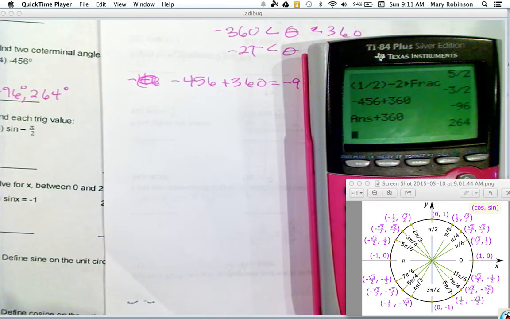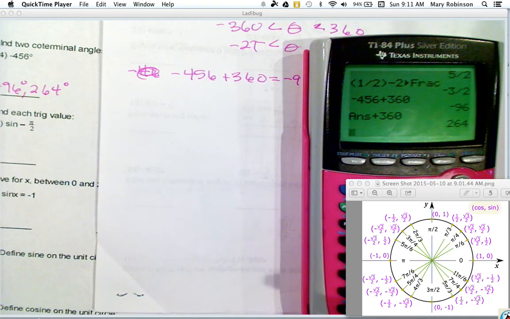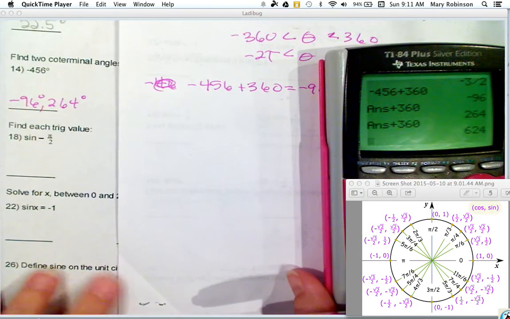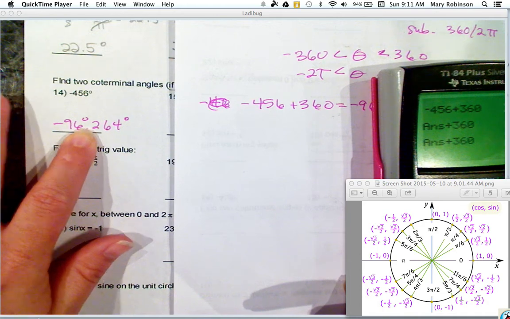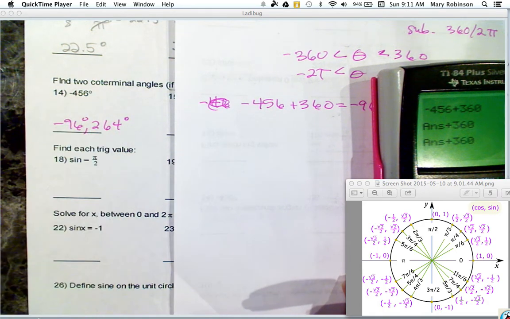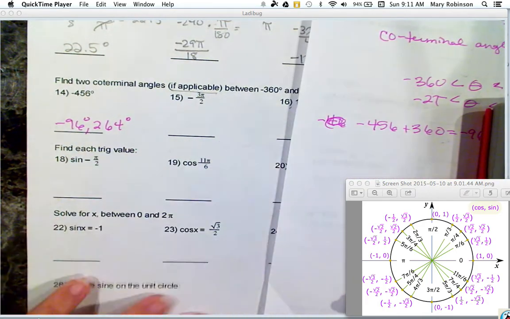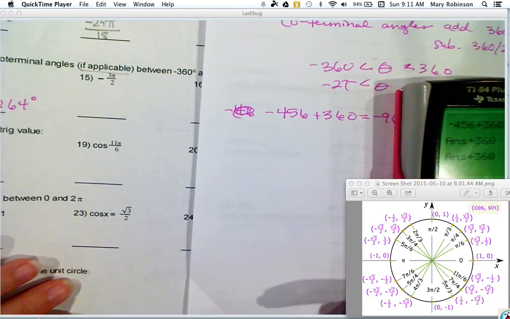So those are my 2 coterminal angles. If I were to continue to add 360, I would go above 360, and so I would not list that. So negative 96 and negative 264 are the 2 coterminal angles for negative 456 in between negative 360 and 360.